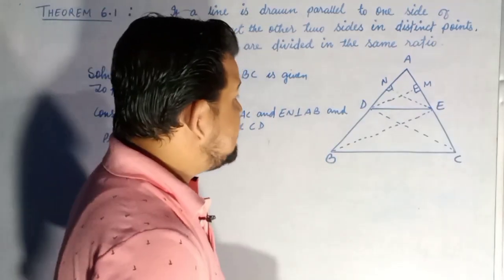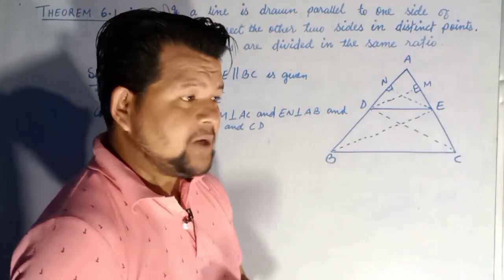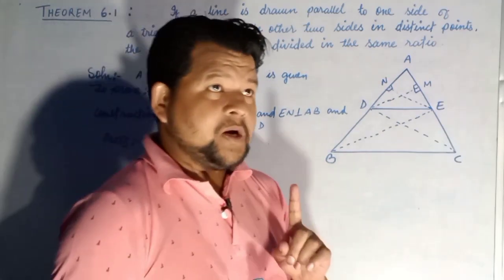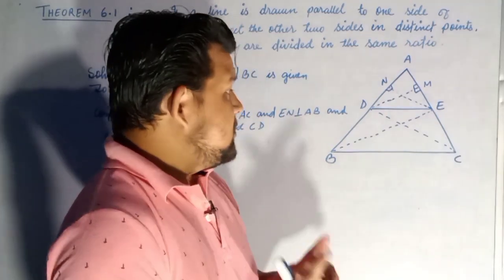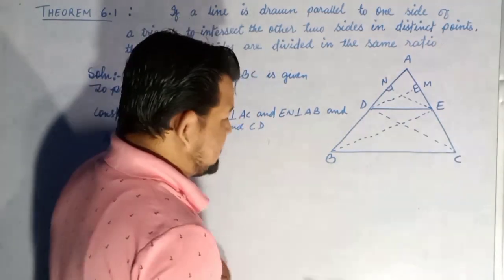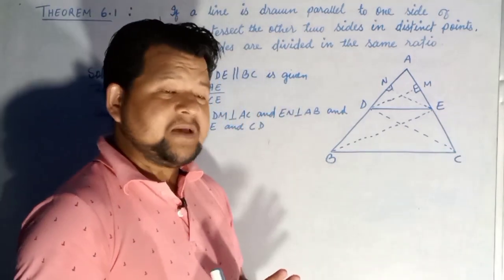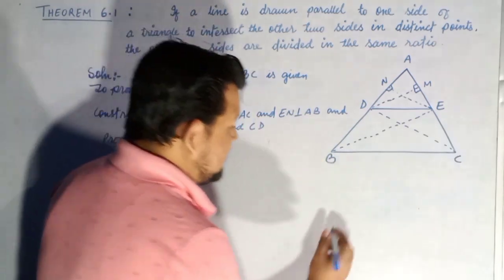Am I right? Let us try to identify the heights. How do we identify the heights? There are two types of triangles where heights can be drawn in two different places. So we have to see this. If our triangle has all three angles less than 90 degrees, so let us see.